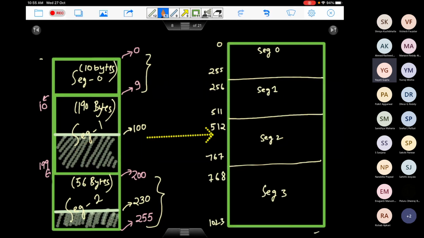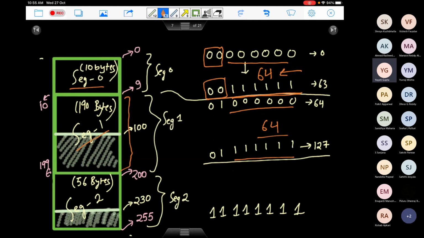When you look at the final picture here, you will have all these segments. Let's say our process has two segments, both of the same size. But maybe this segment might be using only this much of its address space, and this segment might be using this much of its address space.